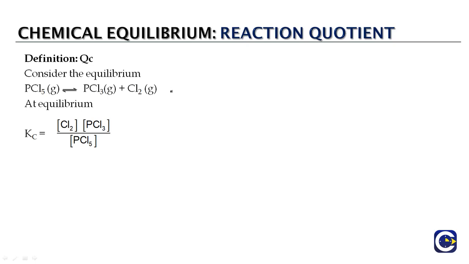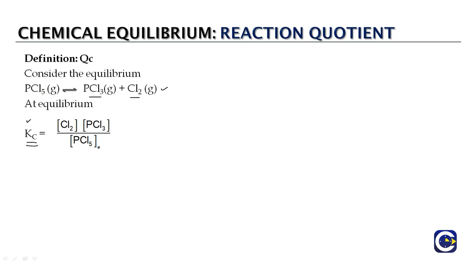So let us say we have an equilibrium reaction which is given, PCl5 gas decomposing to give PCl3 gas and then Cl2 gas. Now at the equilibrium stage we relate the concentrations of the products, which is PCl3 and Cl2, to the concentration of the reactant, which is PCl5, to get this equilibrium constant Kc.